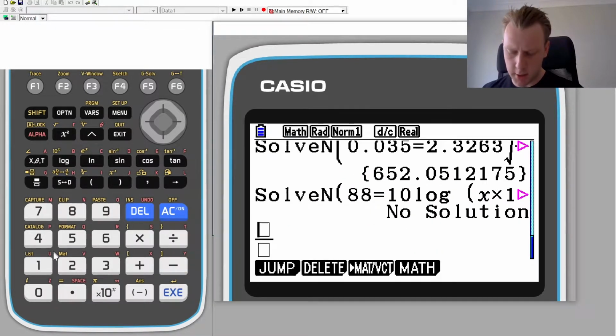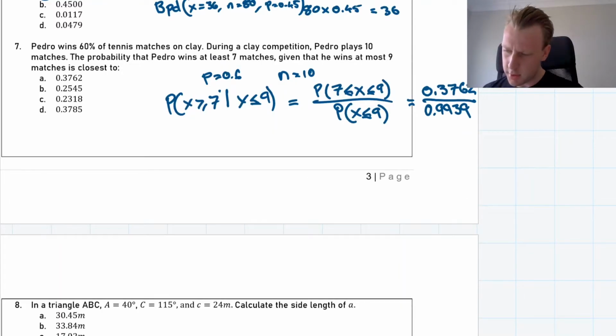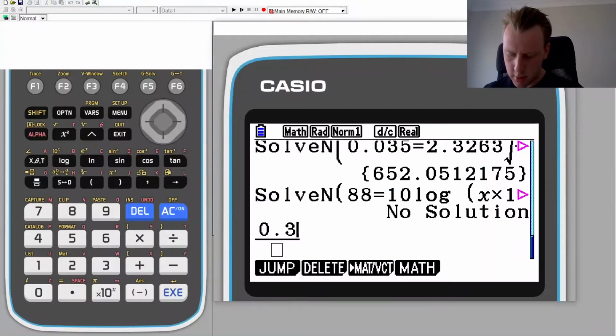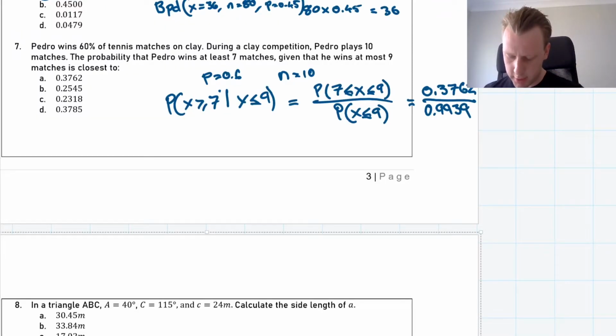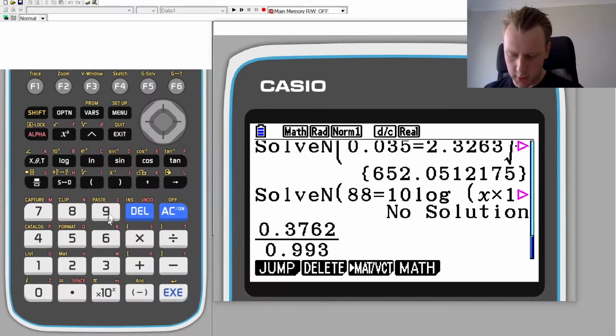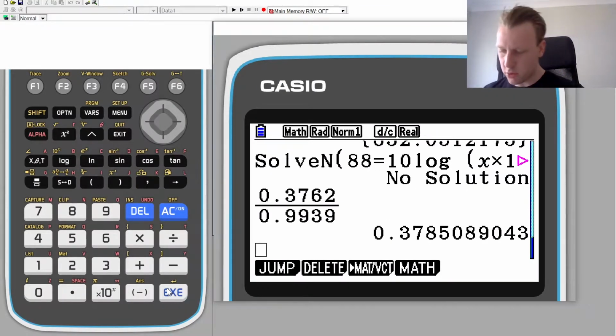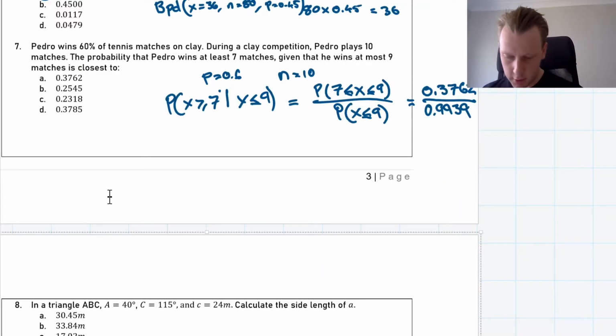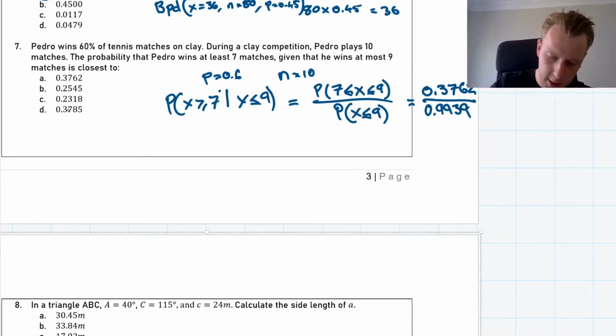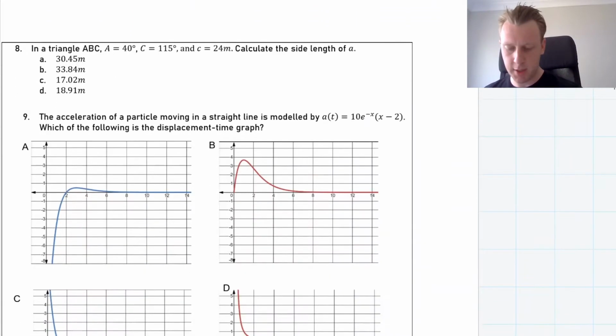That was 0.3762 divided by 0.9939. That gives 0.3785. 0.3785, that is going to be D there.